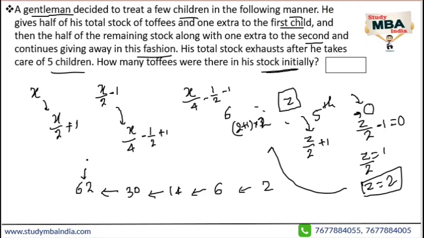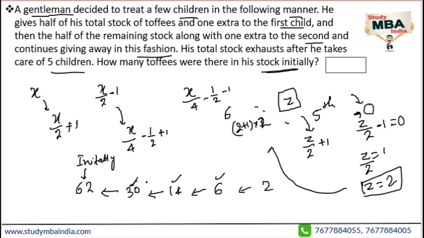So the gentleman had initially 62 chocolates with him. He gave half plus 1: half is 31, plus 1 is 32, left with 30 chocolates. Now half of 30 is 15, plus 1 is 16, left with 14. Half of 14 is 7, plus 1 is 8, so left with 6.